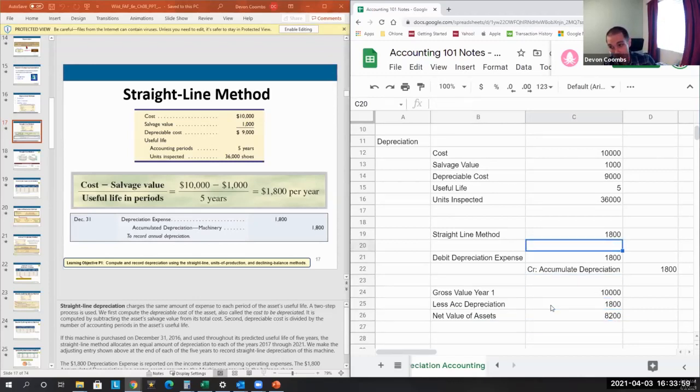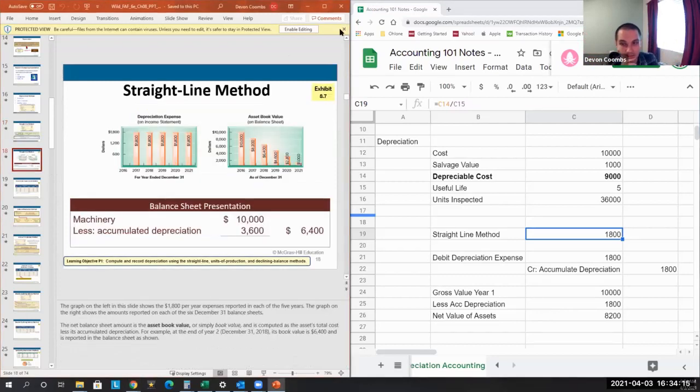Did we get how we get there? We had to get to our depreciable cost, and then we had to divide the depreciable cost by the useful life. And then we'll recognize that evenly. If it's a half year, then we prorate it by the year, right? We'll do it by the number of months at the end of the day.